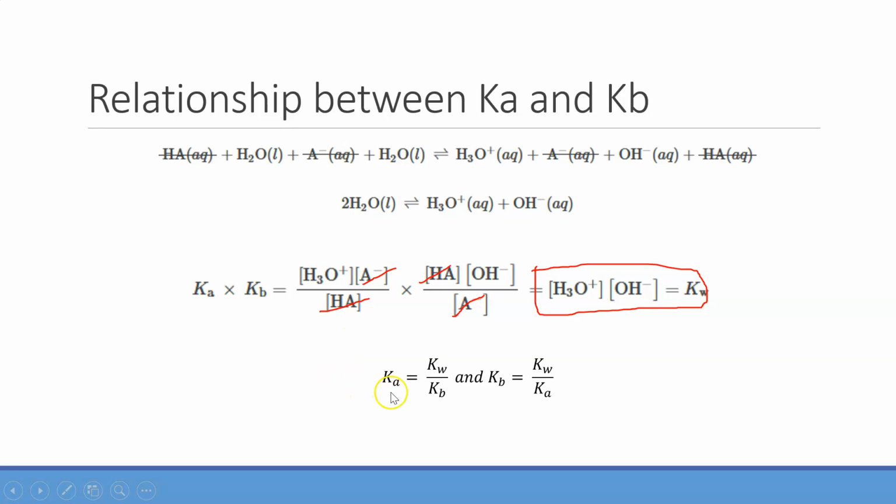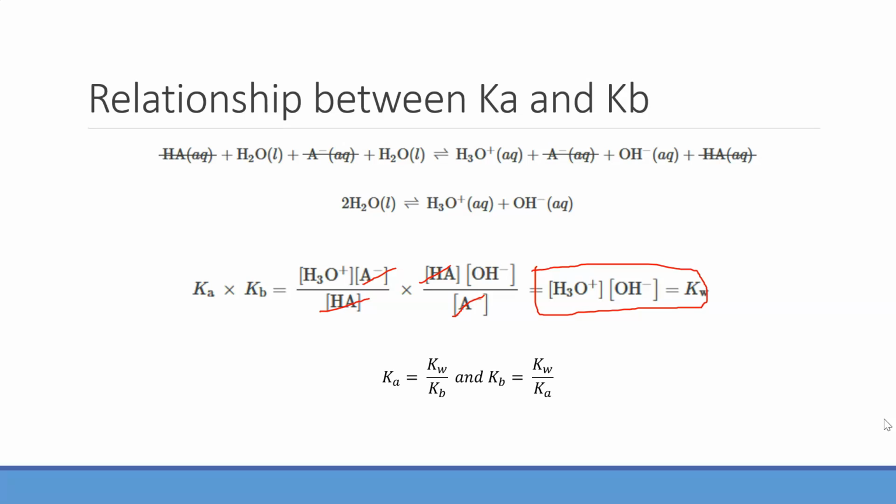Lastly, we can relate our Ka to our Kb values, where Ka equals Kw over Kb. And similarly, our Kb value is equal to Kw over Ka. So this means that if you know either Ka or Kb, you can find the other one because we always know Kw.